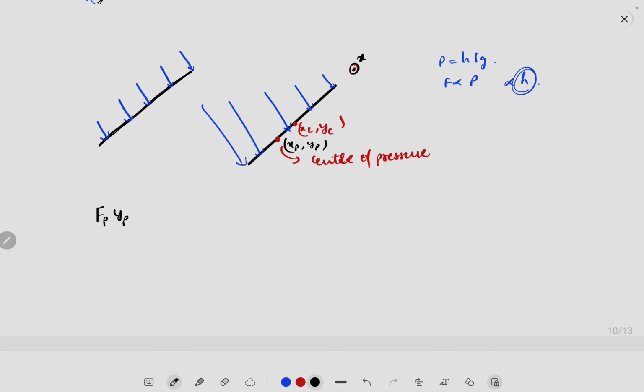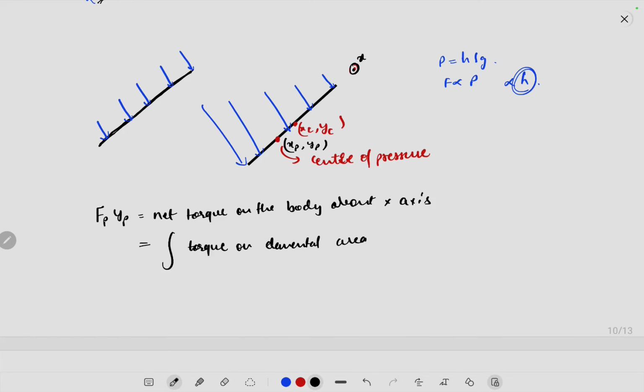So how would you find this yp? You use the elemental areas. So if this is the net torque on the body about the x-axis, this should be equal to the integration of the torque on elemental area dA, right?